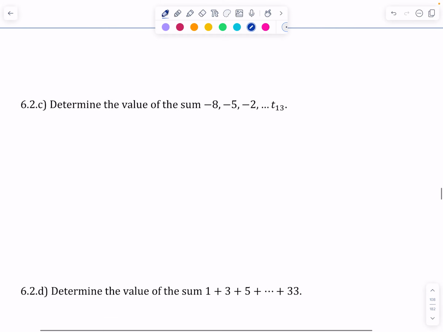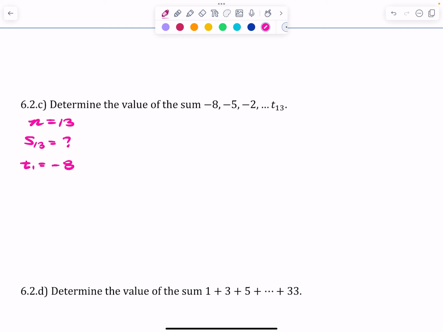And again, this one works just like the other ones. Pretty much the same. We're going up to term 13. So we know for sure n is 13, and we want to find S13. That's what we're after here. We know term 1 is negative 8.